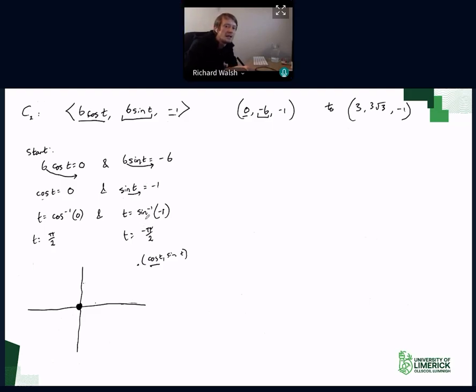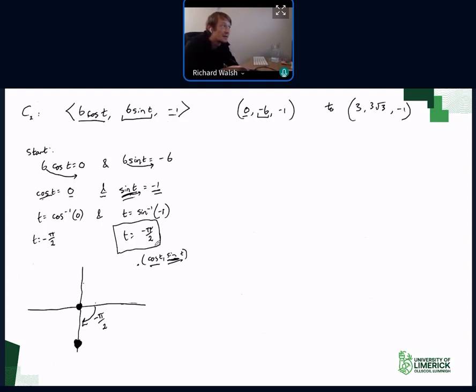But the inverse sine of -1 is saying the y coordinate is -1, because the sine part is the y. So when sine of t is -1, the y coordinate is -1. That's why it's minus pi over 2, because that works for both. The x coordinate is 0 there, and the y coordinate is -1. So t equals minus pi over 2 is the starting parameter value.